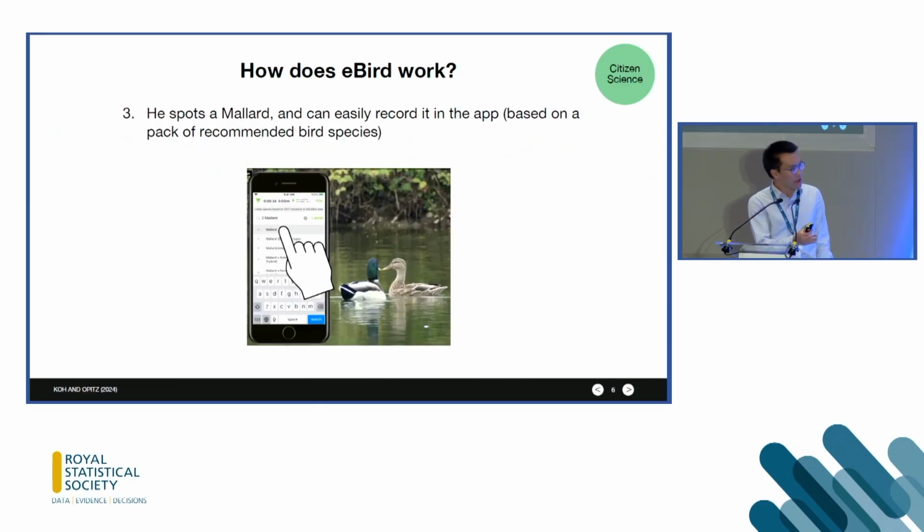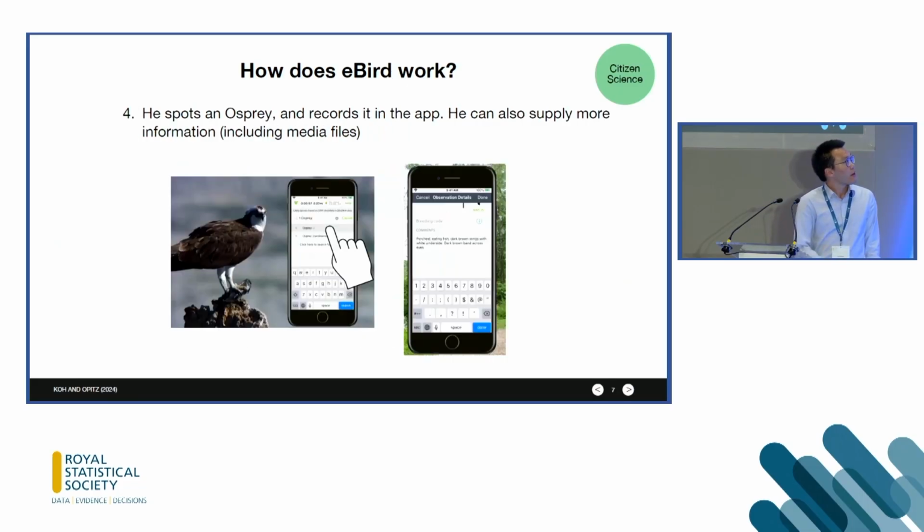Now, he goes on his hike, he spots a mallard. The technical term is not a duck, it's a mallard, and he can easily record it in the app, based on a pack of recommended bird species, based on the location and the time of the year. In the same checklist, he can spot different birds, and this is really important.